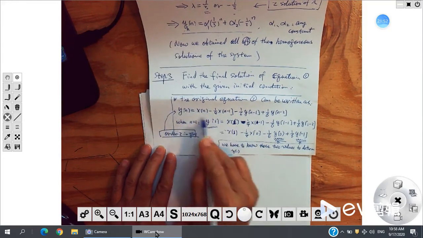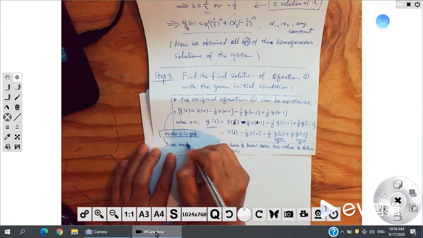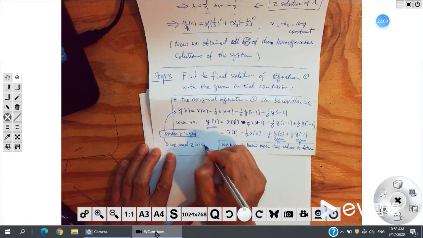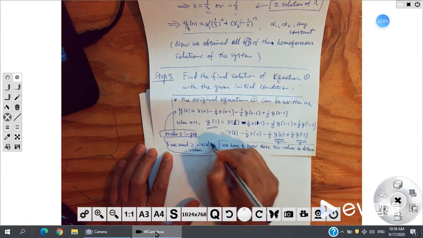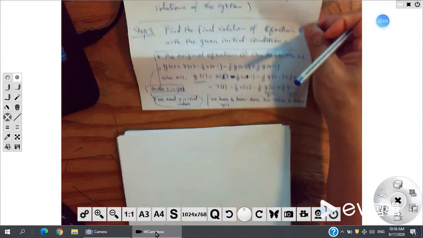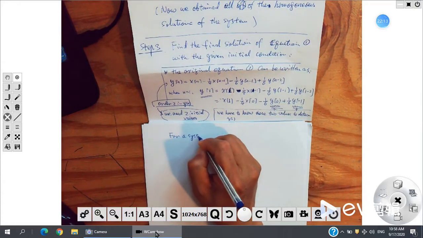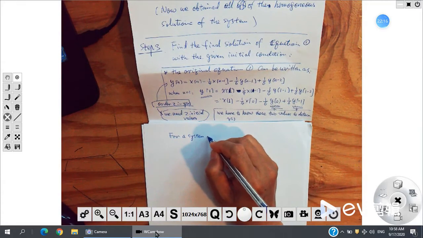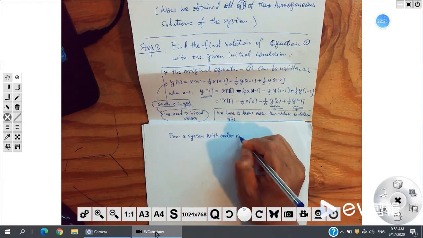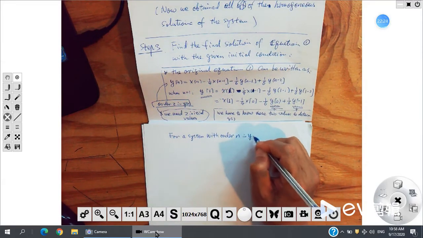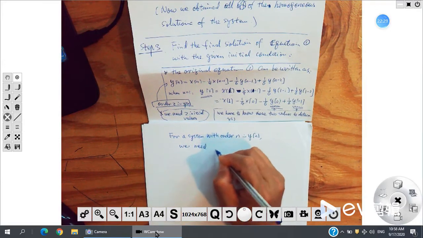The system is order 2 in y. Then we need 2 initial values. And then generally for a system with order n in y, we need n initial values.